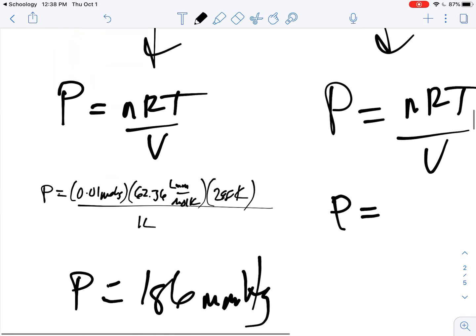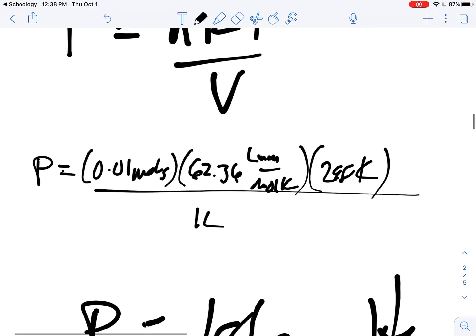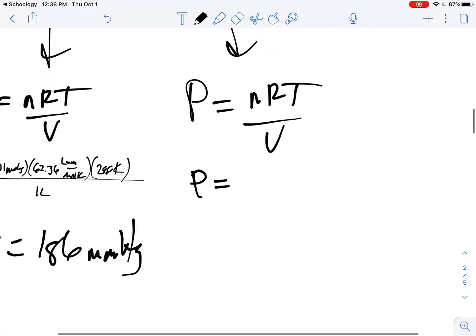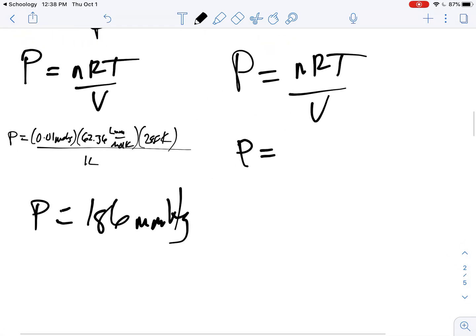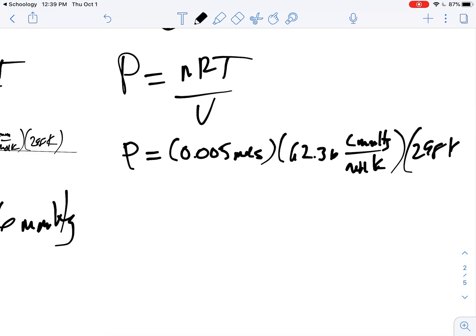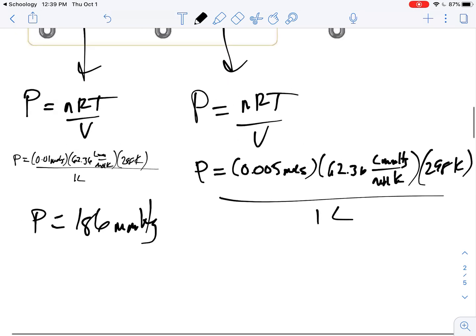But nowhere in this equation did we even take into account the fact that it was nitrogen, because it doesn't matter for the ideal gas law. And so consequently, the only thing that matters here is that this guy is 0.005 moles times R, which is 62.36 liter millimeters of mercury per mole Kelvin, times the 298 Kelvin divided by the 1 liter.